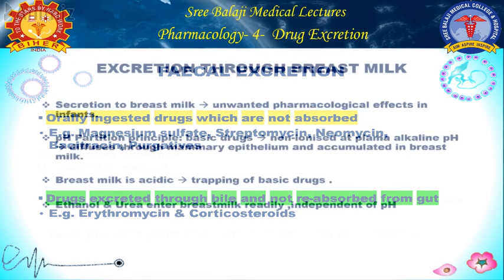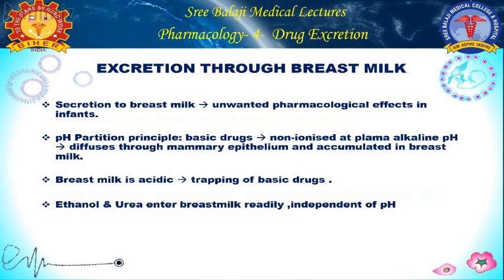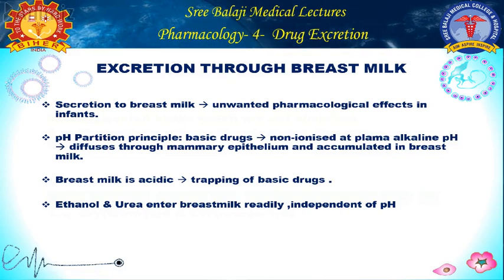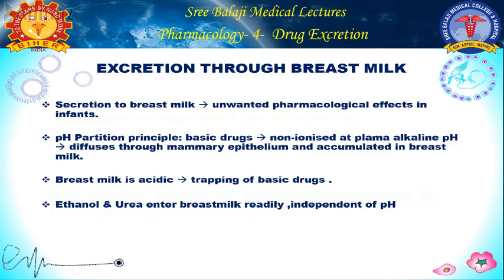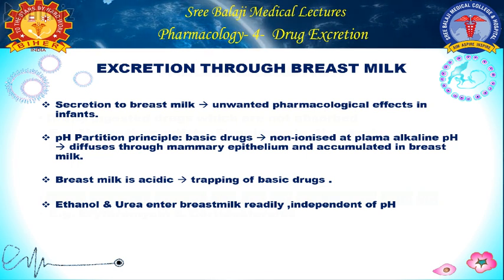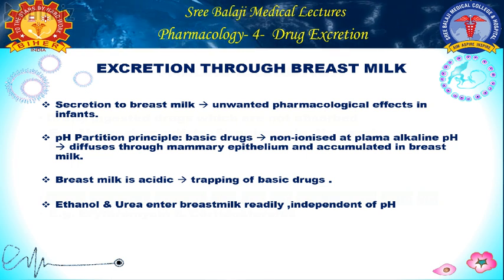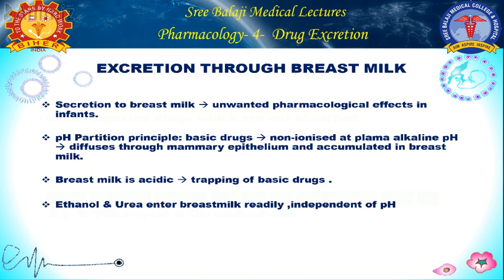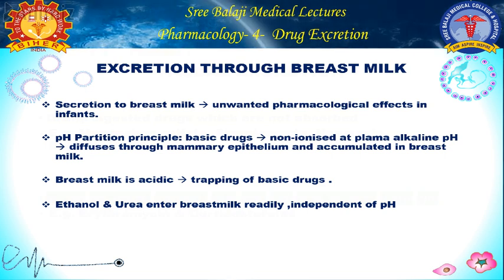Coming to excretion through breast milk. This is very important because certain drugs, when they enter the breast milk, will cause unwanted pharmacological effects in infants. Entry depends on the pH partition principle.